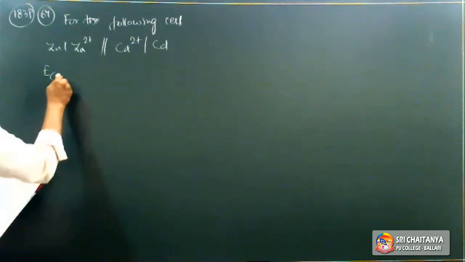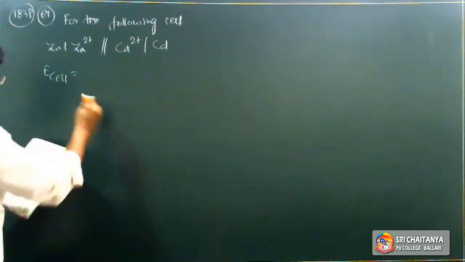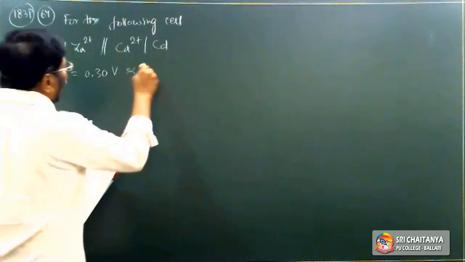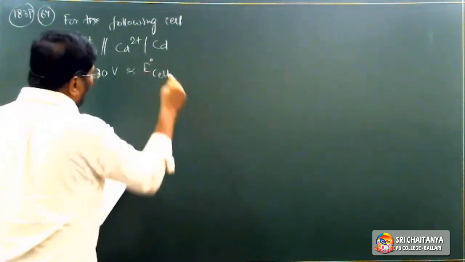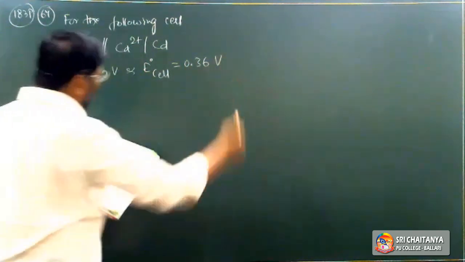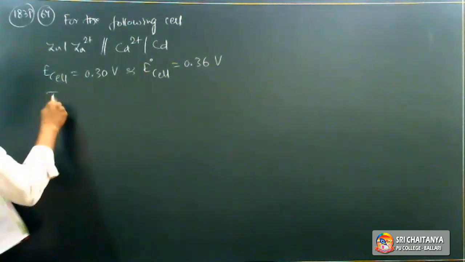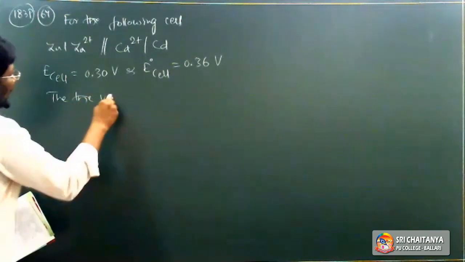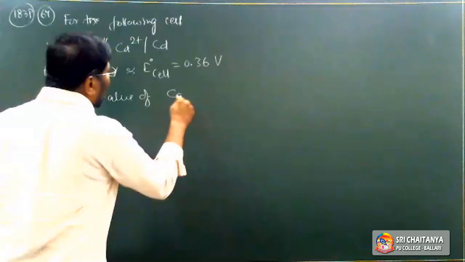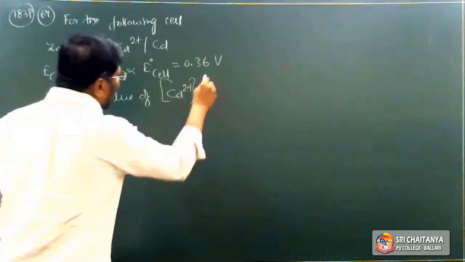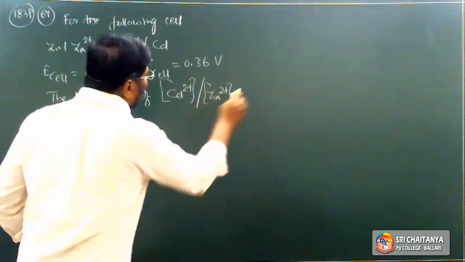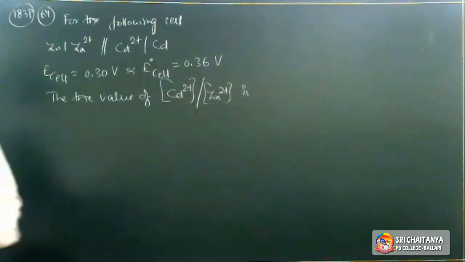E cell is equal to 0.30 volts and E naught cell is equal to 0.36 volts. Then the value of Cd2+ divided by Zn2+, how much is it? That is the answer.